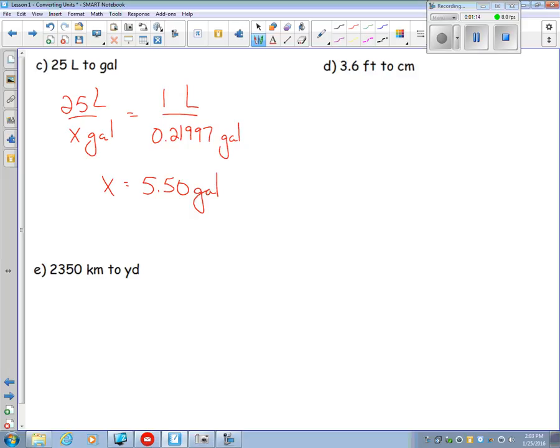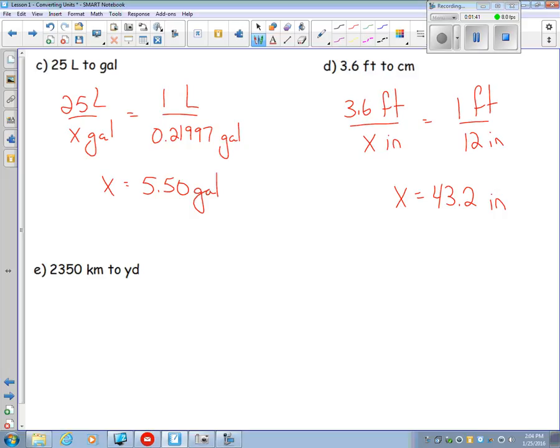I know that feet and inches are both imperial units, so I can convert 3.6 feet knowing that 1 foot is 12 inches. Now you don't have to show it this way, the cross multiplying way. If you know 1 foot is 12 inches, you can simply multiply 12 by 3.6, and it'll tell you that you have 43.2 inches.